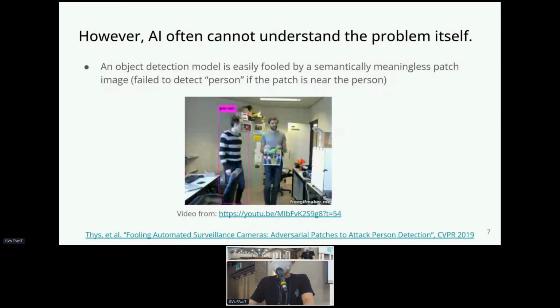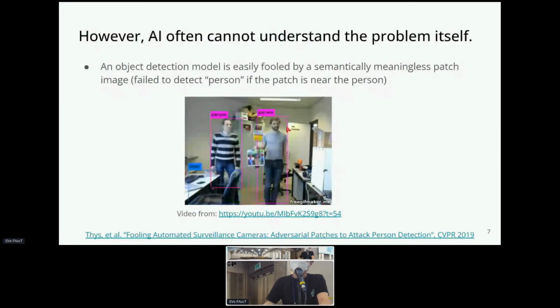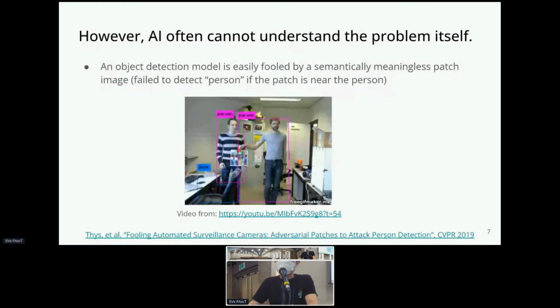This is a type of adversarial attack, a physical adversarial attack using a universal patch. It means that the object detector is not only focusing on the person or some object, but it also focuses on some undesirable, meaningless patch image here.